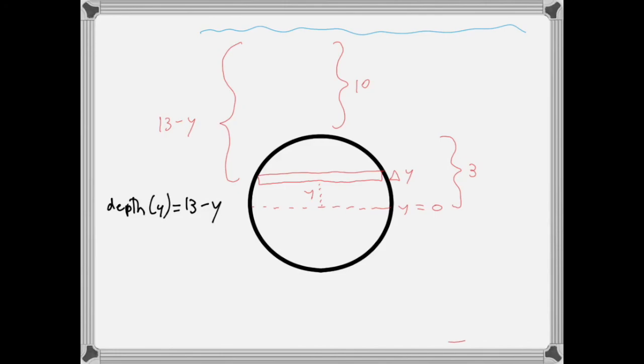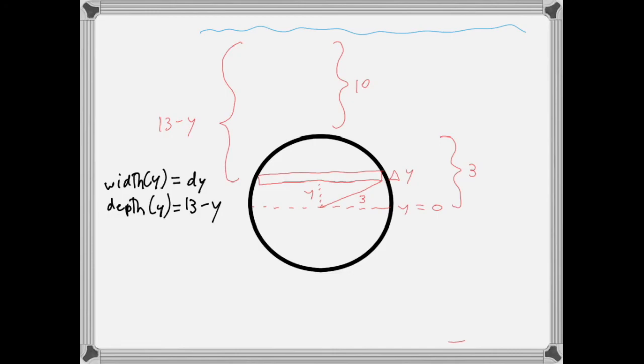Now we need to talk about the length, right? Or how about I write down the width, because we know already that that's dy, because that's always dy. So we need to figure out how long that rectangle is. And the trick in using geometry here, in this case, the key is going to be the Pythagorean theorem, because we know what this distance is, don't we? This distance right here is 3.